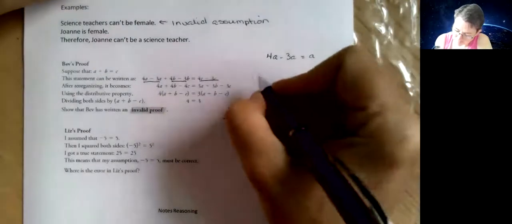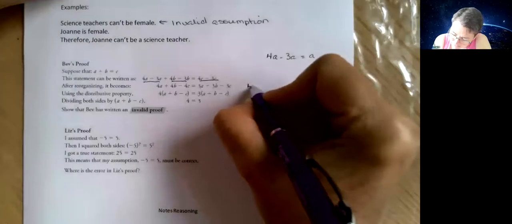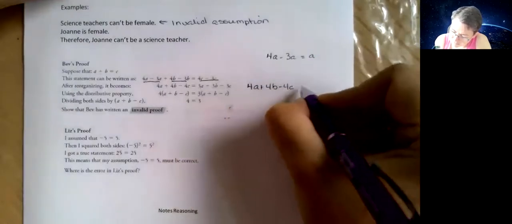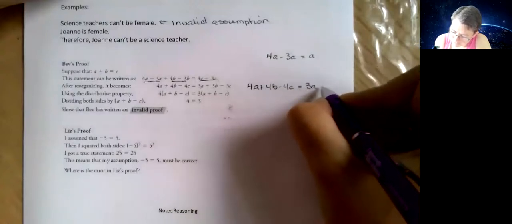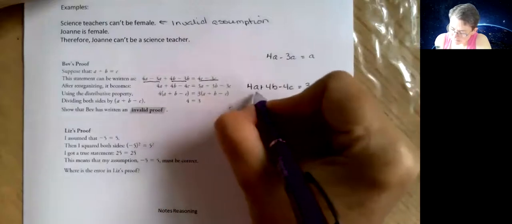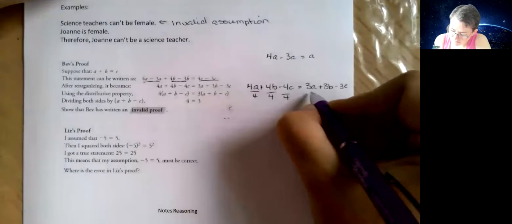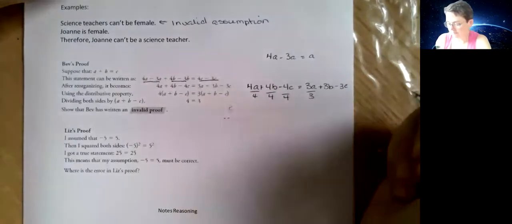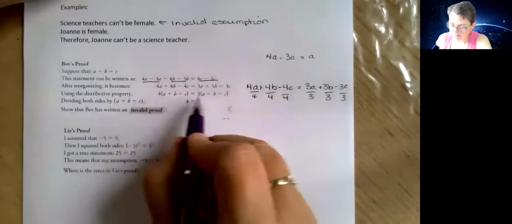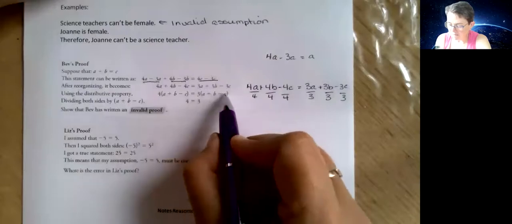Now, they showed the next step as factoring, but think of it this way. 4A plus 4B minus 4C is equal to 3A plus 3B minus 3C. And they divided this by 4, this by 4, this by 4, and this by 3, this one by 3, and this one by 3. And that's how they got this statement, right? 4 times A plus B minus C equals 3 times A plus B minus C.